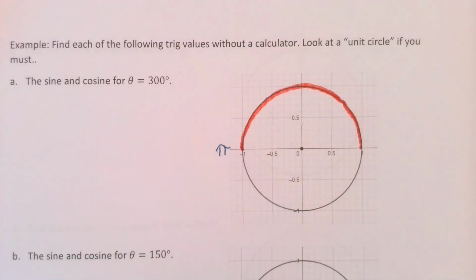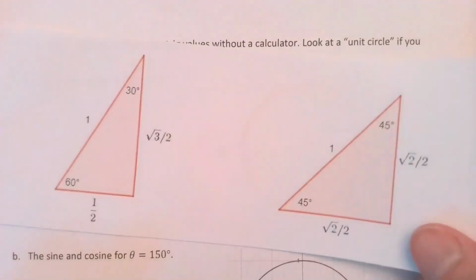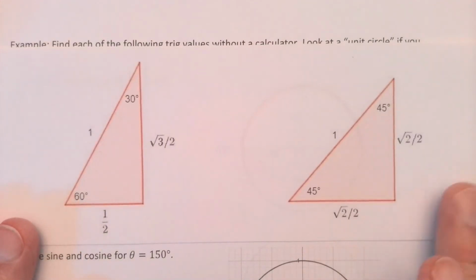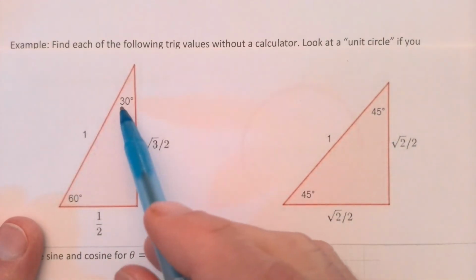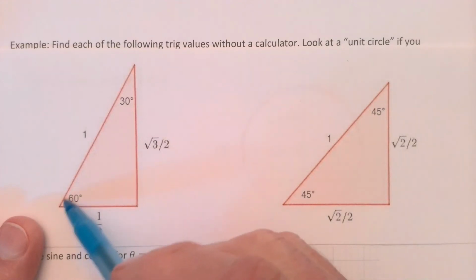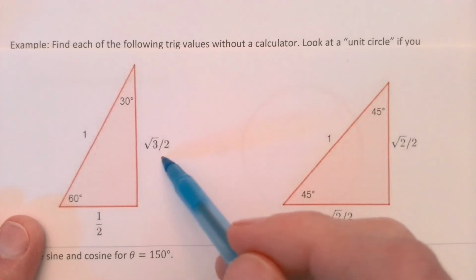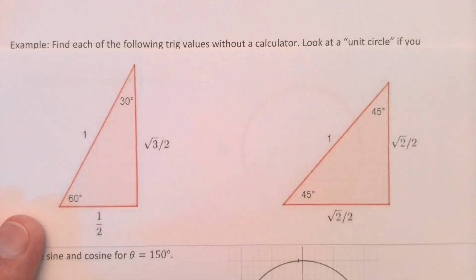You memorize that, and you memorize these two triangles, special triangles. I think you probably learned these in geometry anyway. The so-called 30, 60, 90 triangle that has a hypotenuse of 1 will have a long leg of root 3 over 2 and a short leg of a half. The long leg comes opposite the 60 and the short leg comes opposite the 30.